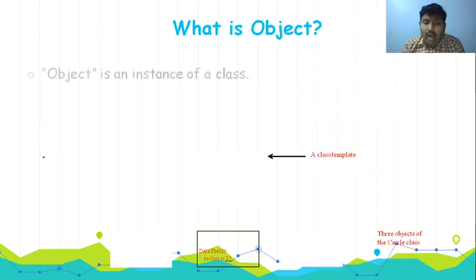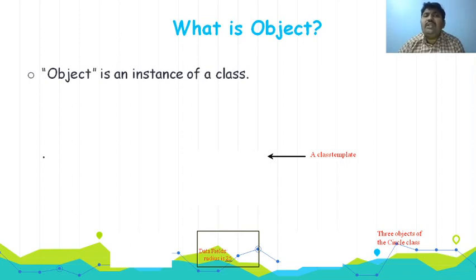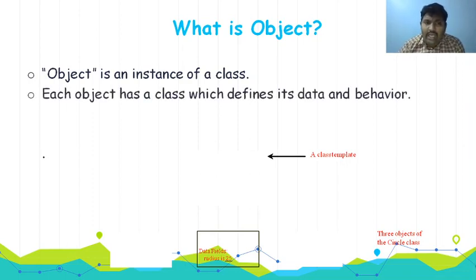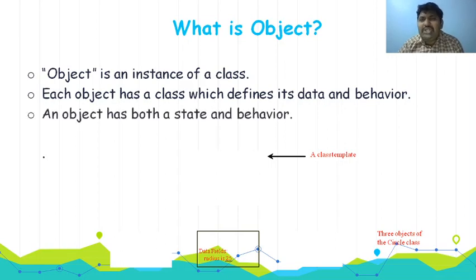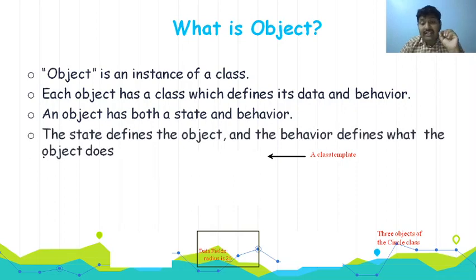And what is the object? An object is nothing but an instance of a class. For one particular state, that is the particular object. Each object has a class which defines its data and behavior. In object-oriented programming, every object should have a class which defines the data and behavior.